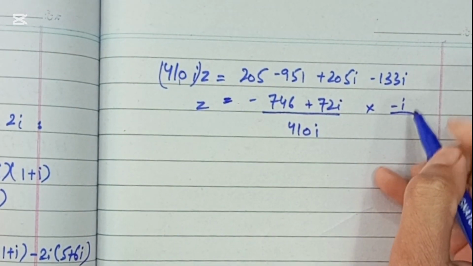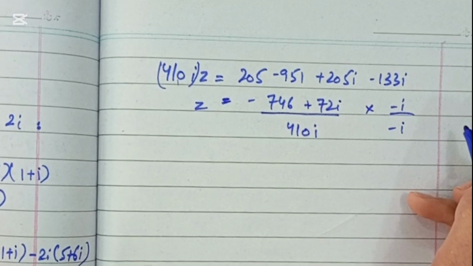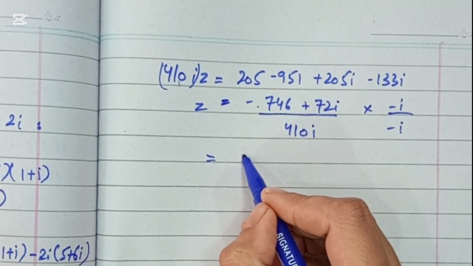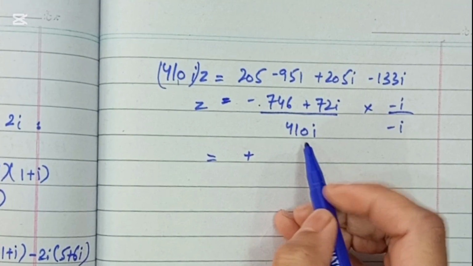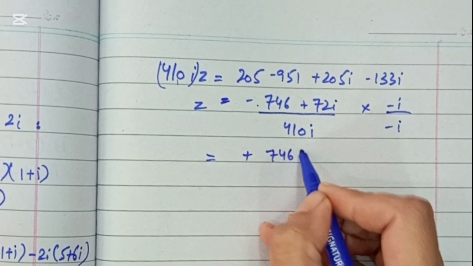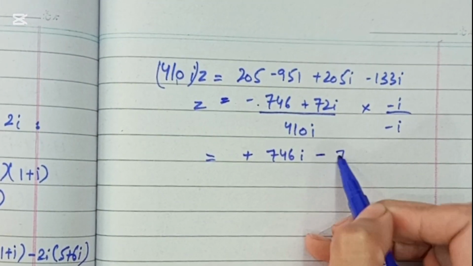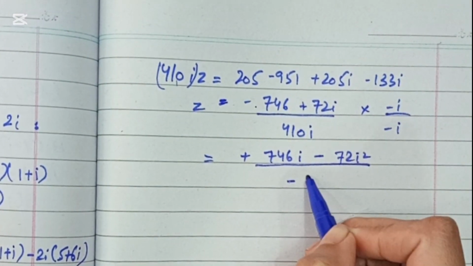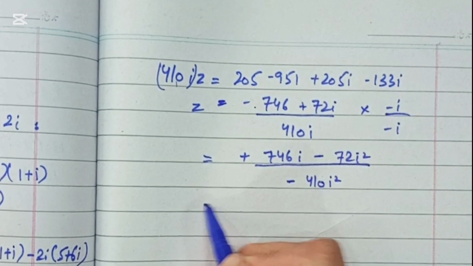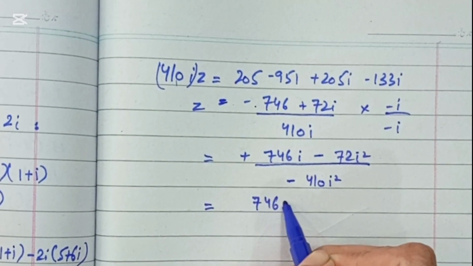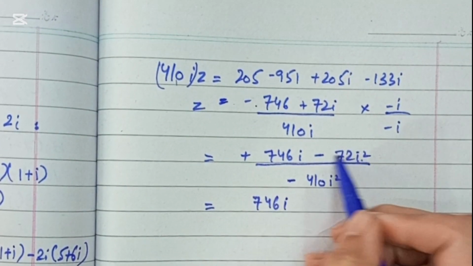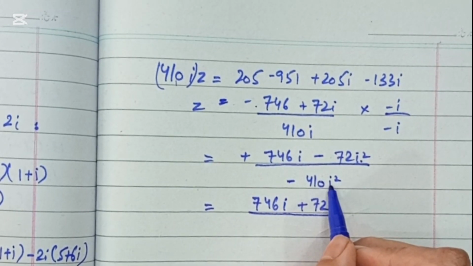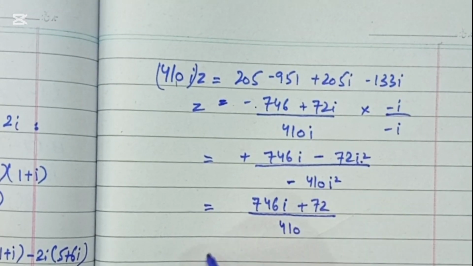Now I'm going to divide it with minus iota. Minus into minus is plus. So this is 746 iota, plus into minus is minus, so this is 72 iota square. In the denominator it will be minus 410 iota square. Iota square is minus, so it will be turned positive. Again, iota square is minus, it will be turned positive.